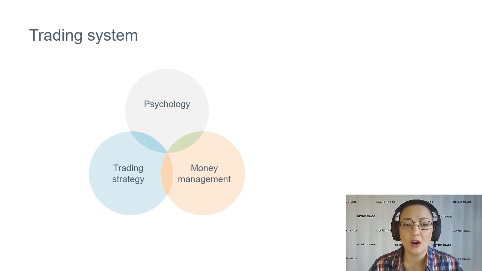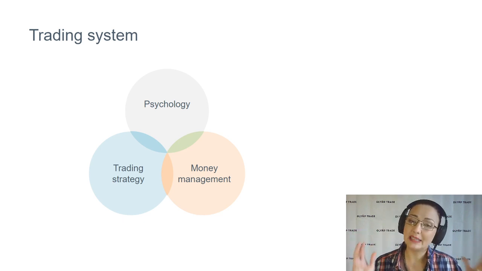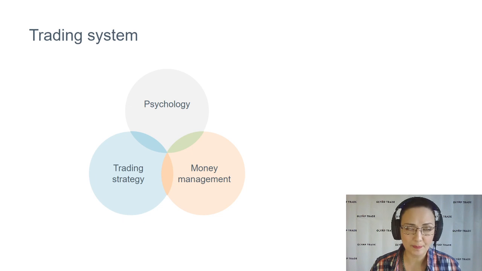So once again, we have a whole playlist that is dedicated to psychology. It is very interesting, very useful videos. So make sure that you don't miss them. Make sure that you watch them on our YouTube channel. Just click on the playlist of psychology. There's lots of videos. Really, really cool topic.